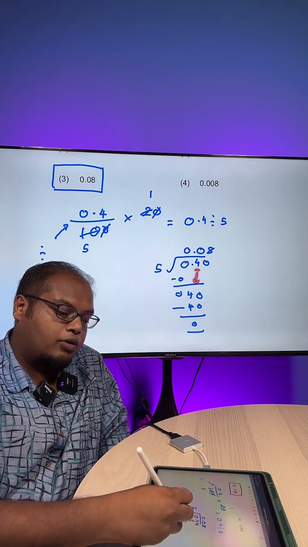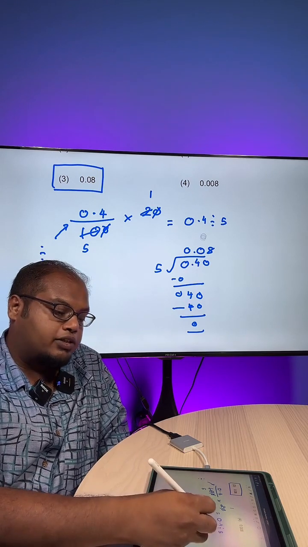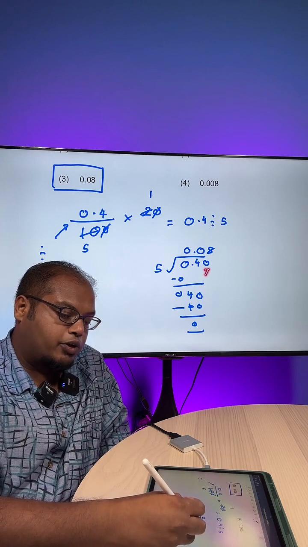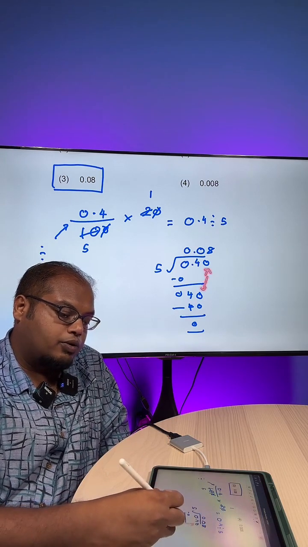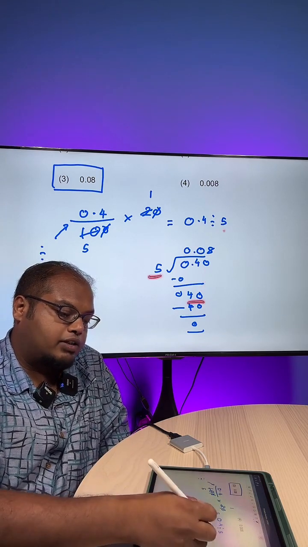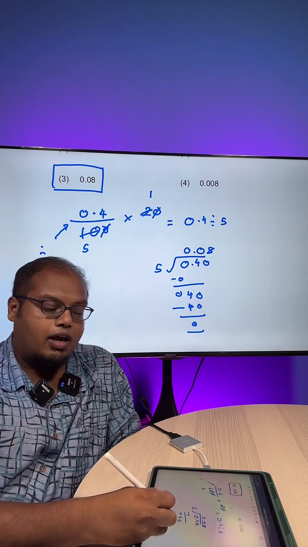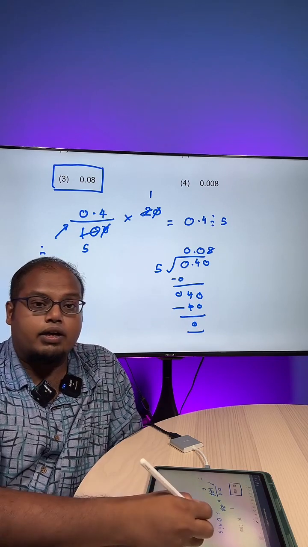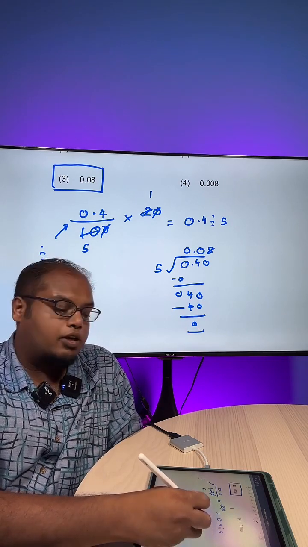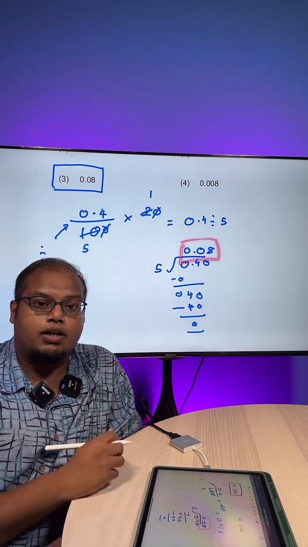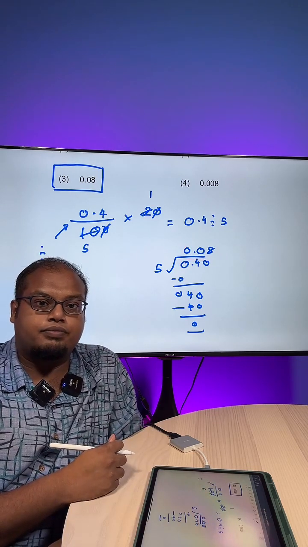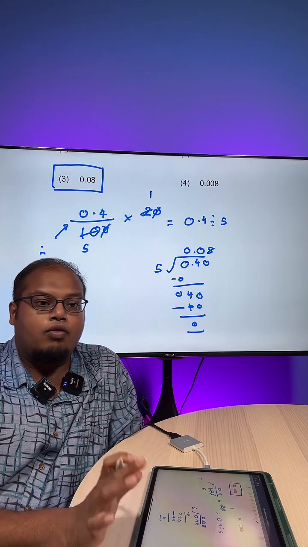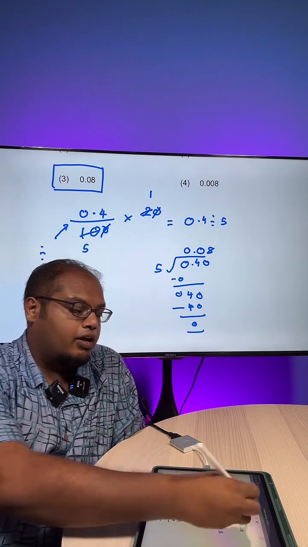Then the 4 bring down, but still cannot, so I put another 0, and another 0 here also. Then I bring down the 0. So 40 divided by 5 is 8. Then minus, you get 0. No more remainder, that means you can stop. So 0.08.